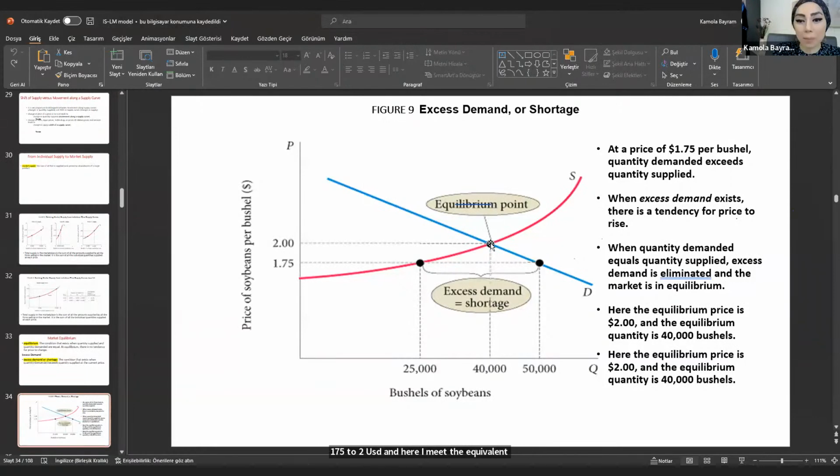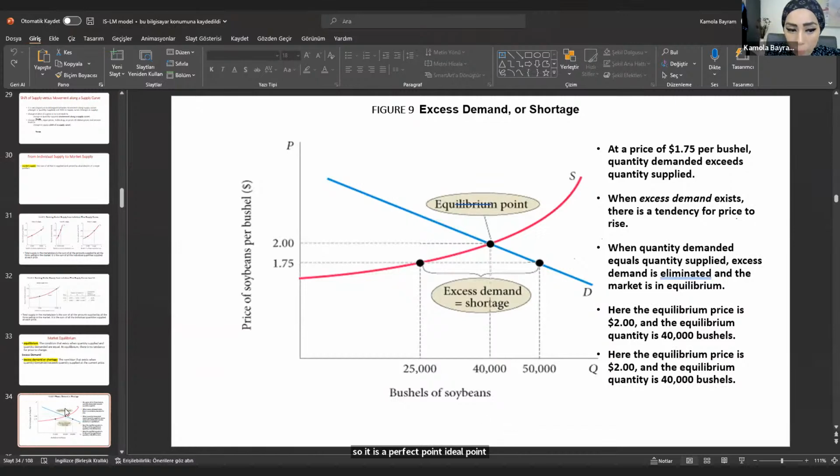At this point, I agree as a producer, I'm happy to produce 40,000 bushels of soybean per year, and the consumer is also happy to buy 40,000 bushels per year at a price of $2. Okay, so here we met market equilibrium. We agree on the same price. Both of us are happy. I'm happy as a producer to produce this much at this price, and the person is happy as a consumer to consume this much at this price. So it is a perfect point, an ideal point.